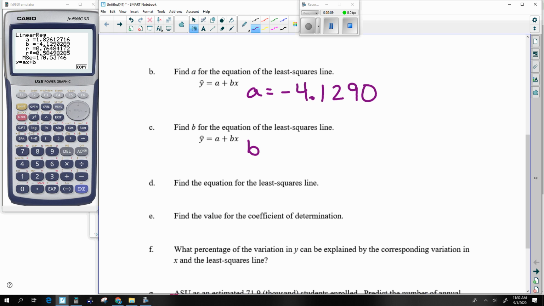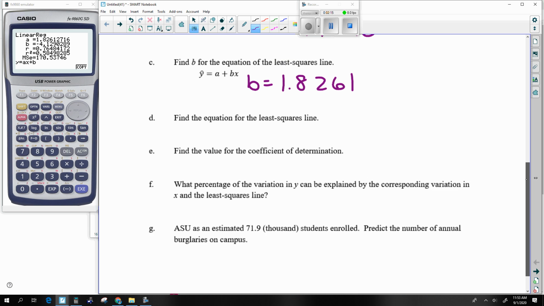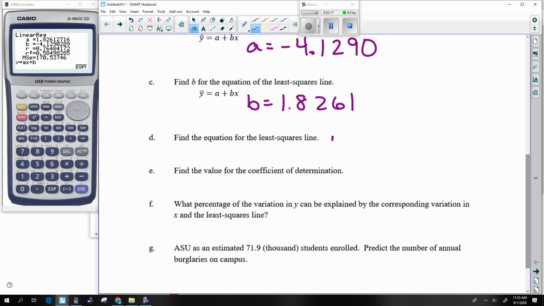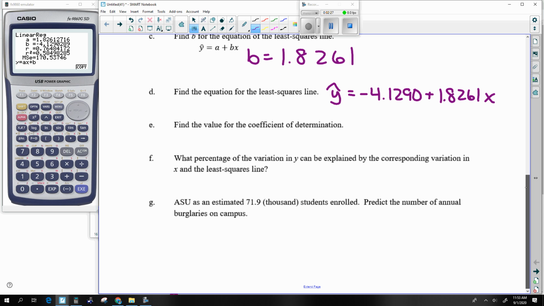And B is 1.8261. That leaves the equation to be y hat is equal to A, which is negative 4.1290, plus B, 1.8261, X.